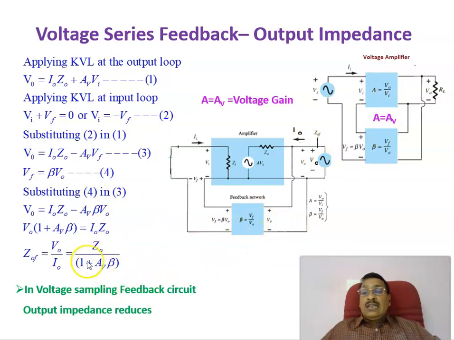Since it is Z0 divided by 1 plus AV into beta, the output impedance is getting reduced if the sampling is the voltage. If you are sampling the voltage, output impedance is reduced. Therefore, in a voltage sampling feedback circuit, the output impedance is reducing as per this equation, Z0F equal to Z0 divided by 1 plus AV into beta.